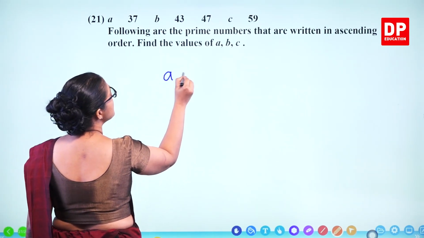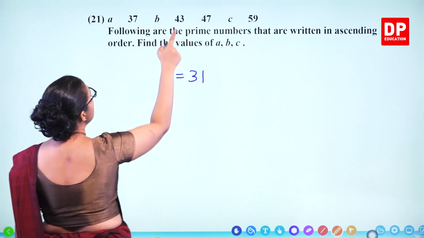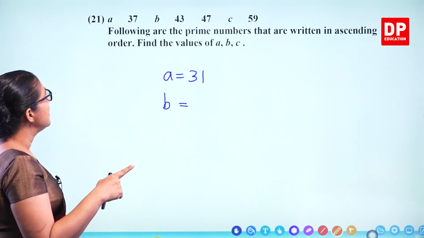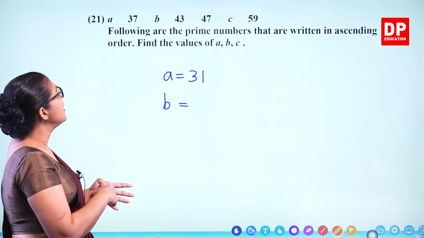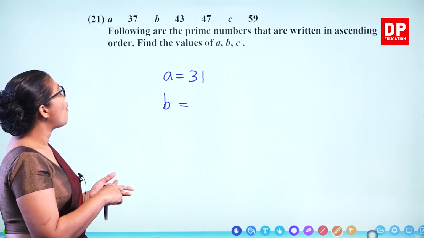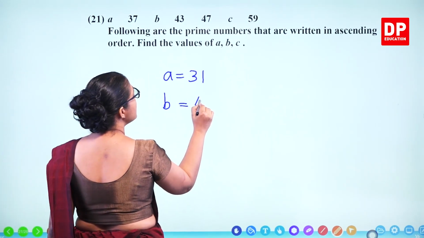So A becomes 31. Then B. B is in between 37 and 43. So after 37, 38, no, 39, no, 40, 41. 41 is a prime number.